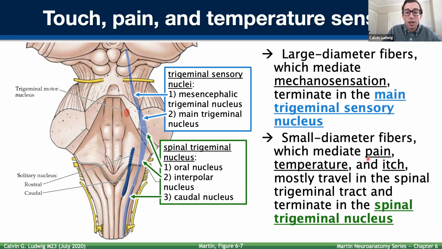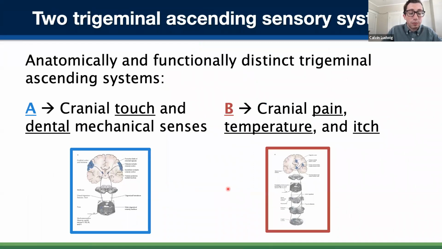So just think about these different functions, mechanosensation, pain, temperature, and itch, these afferents ending up in different parts, different nuclei in the brainstem. Now, this sort of sets the stage.